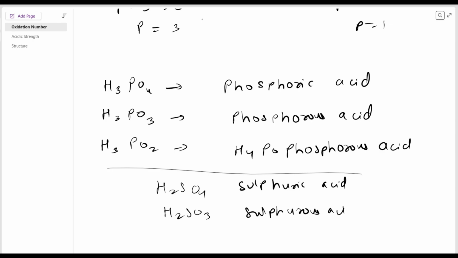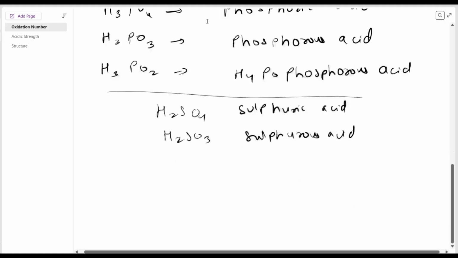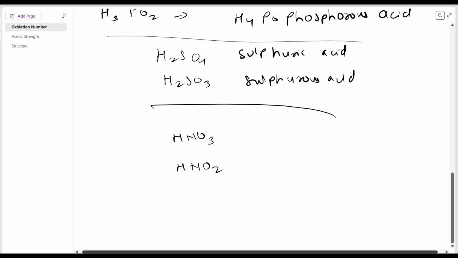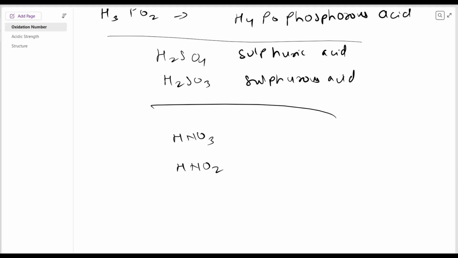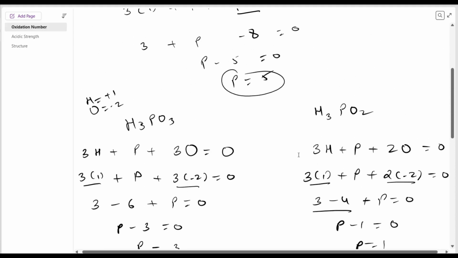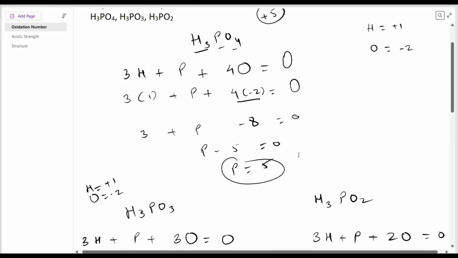Same thing is applicable for nitric acid: HNO3 is nitric acid, so HNO2 will become nitrous acid. So whenever we see an ic acid, if we remove one oxygen from that central atom, we get the ous acid for that oxy acid. So this is how we find the oxidation number for the oxy acids of phosphorus by the mathematical way.